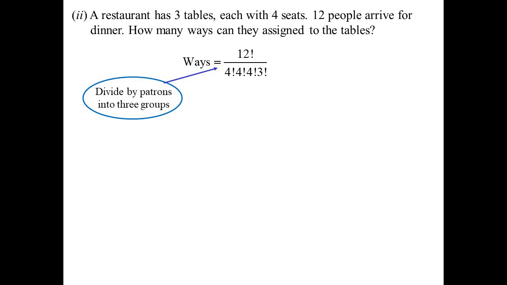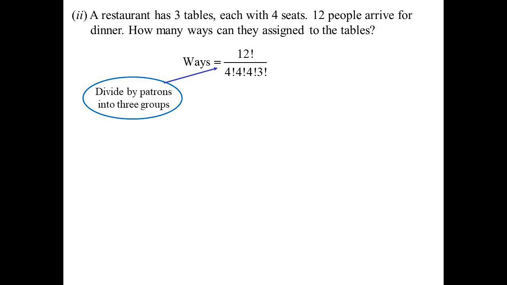All right. A restaurant has 3 tables. Each of the tables has 4 seats. 12 people arrive for dinner. How many ways can they be assigned to the tables? 12 factorial, there's 12 people. 4 are going on 1, so basically I'm putting them into 3 groups of 4. 4 factorial, 4 factorial. Hang on, groups of the same size, so 3 factorial. But there is a difference, because remember, they can be assigned to the tables.